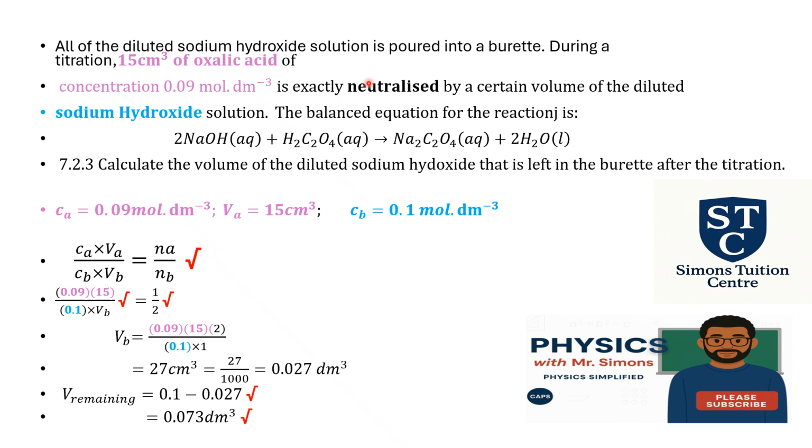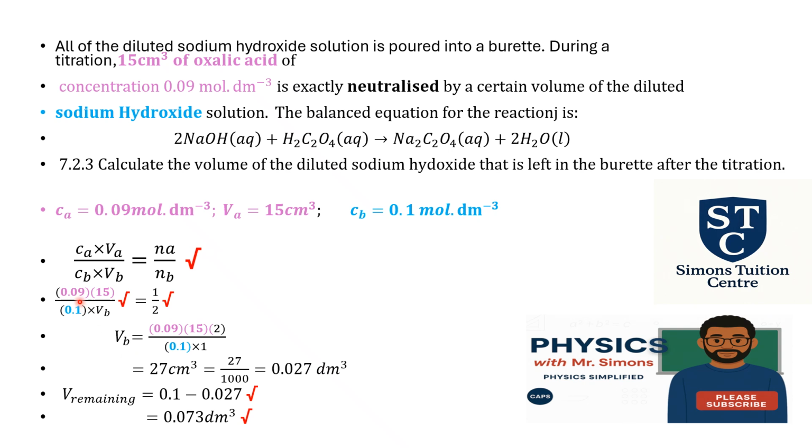So for neutralization, concentration of acid times volume of acid divided by concentration of base times volume of base equals the moles of acid divided by the moles of base. So substitute in 0,09 times 15 on top, 0,1 times the volume of the base at the bottom. In the ratio, my acid is 1, my base is 2, so 1 over 2. So from there, multiply 2 across, 1 comes to the bottom and VB comes over.